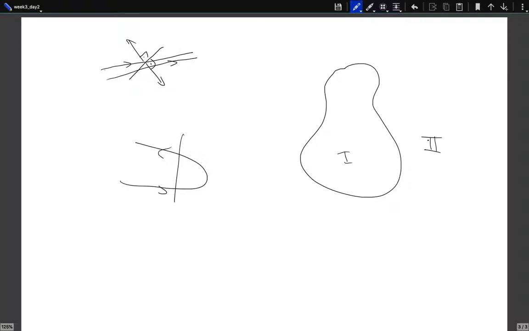Region 1 or region 2 is the inside. Which one is inside, which one is outside? Why? Well, you are essentially saying that one is finite, the other one is infinite. Forget about the size. Is there anything that distinguishes those two?